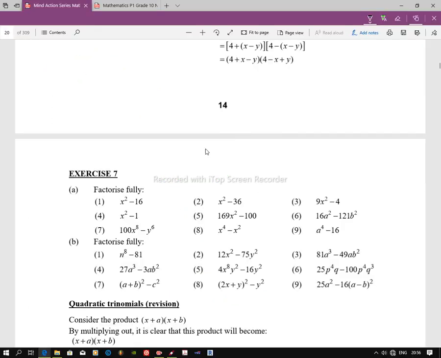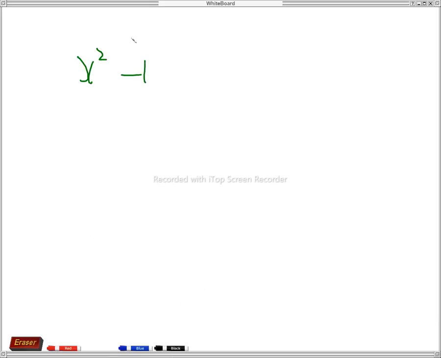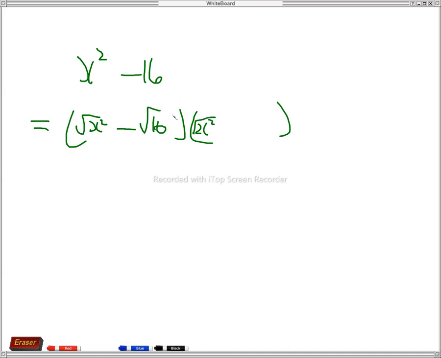Number one here on exercise 7 was x squared minus 16. So let's just say x squared minus 16. We are having our two brackets here, you understand. So we are going to have the root of x squared minus the root of 16, and the root of x squared plus the root of 16.